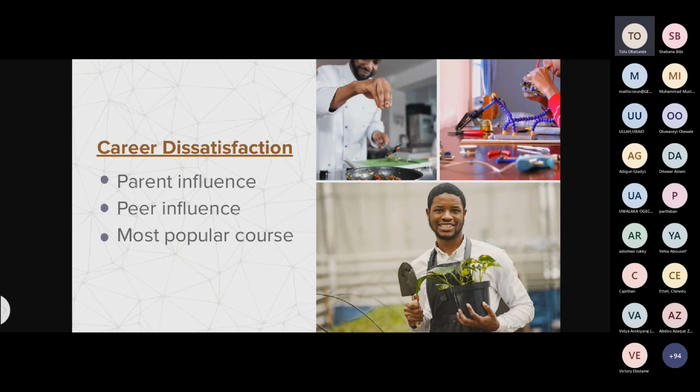And sometimes with most popular courses, some of us don't know enough options available. While we were doing quite a number of research works, especially on the courses available and also career paths available in Nigeria alone, myself and my team found out that we have more than 250 courses in the Nigerian university ecosystem.